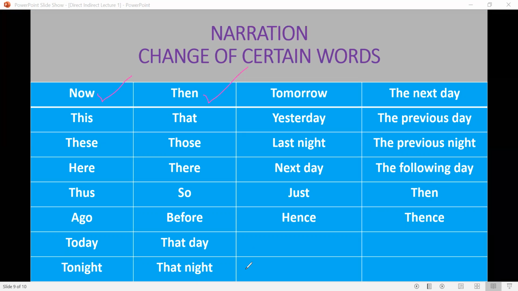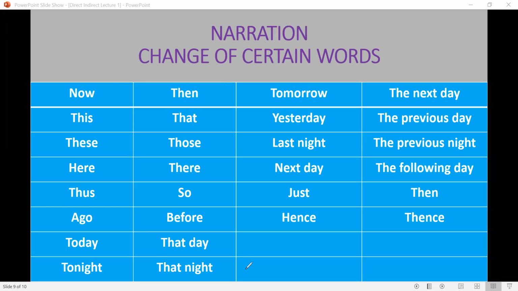These are three kinds of changes. First, the change of person. First person will be changed into subject of the reporting speech. Second person will be changed into object of the reporting speech. Third person will not change. And the second change was change of tense.